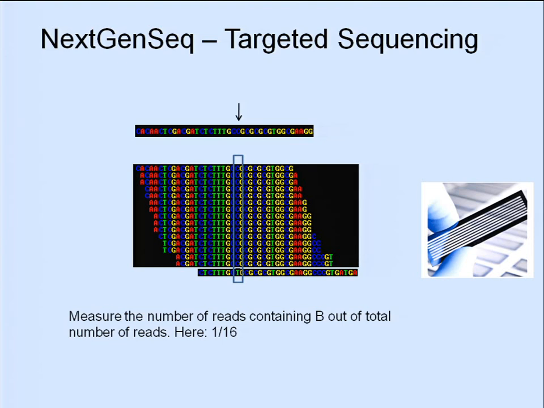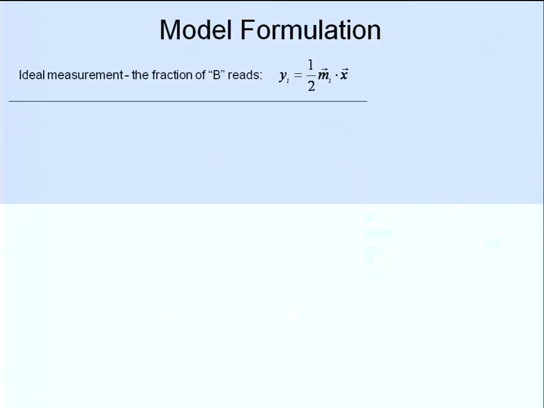In this example, we're talking about one pool, and we sequence this pool at this particular location. The frequency, because we've seen reads aligned here, and only one of them was T. So in theory, everything is nice. The measurement is exactly the dot product of the pooling vector and the unknown genotype.